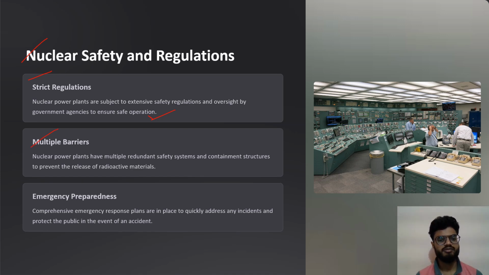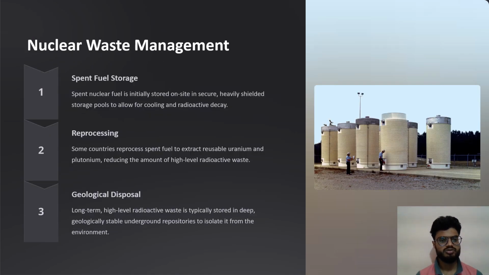Nuclear power plants have multiple redundant safety systems and containment structures to prevent the release of radioactive materials. And then emergency preparedness. Comprehensive emergency response plans are in place to quickly address any incident and protect the public in case of an event.